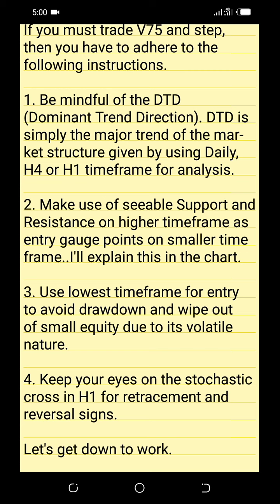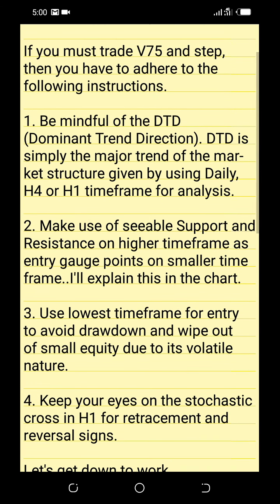What is DTD? DTD means dominant trend direction. In short, it means major trend. Which one is the strongest? Do we have more of a buying situation, or more of a selling situation? A selling structure or a buying structure. So we are talking about DTD.